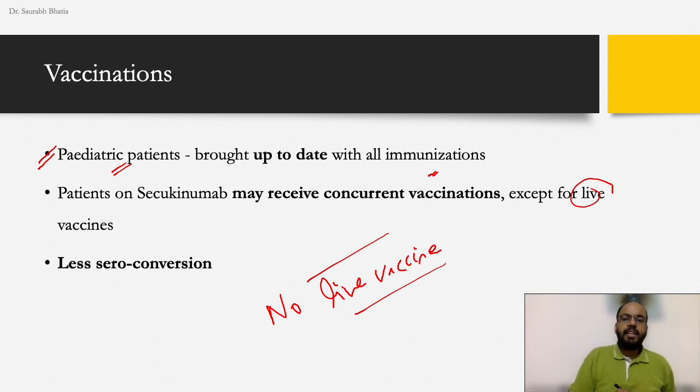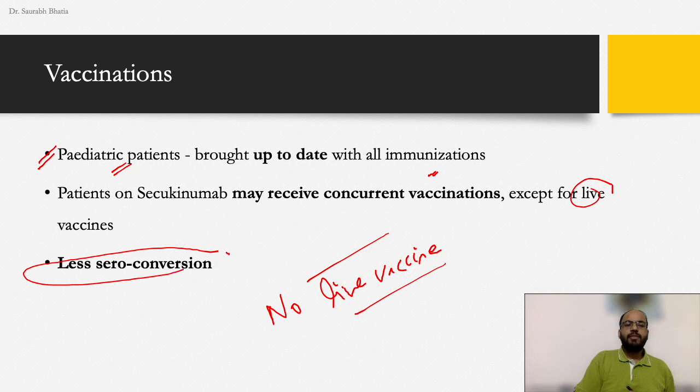But it has been found that even if you give killed or subunit vaccine, the seroconversion, that means formation of protective antibodies, is not up to the mark as compared to a patient who was not receiving secukinumab. The data is not much available so that we can concretely say whether the seroconversion is hampered or not. But theoretically, the seroconversion is not up to the mark.